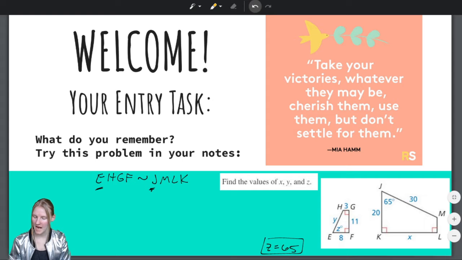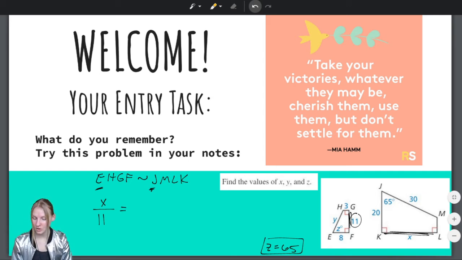Okay, cool. X and Y are both side lengths, so now we can move on to the side lengths. Side X, which is KL, corresponds with side GF, the one in between the two right angles. So GF is 11.